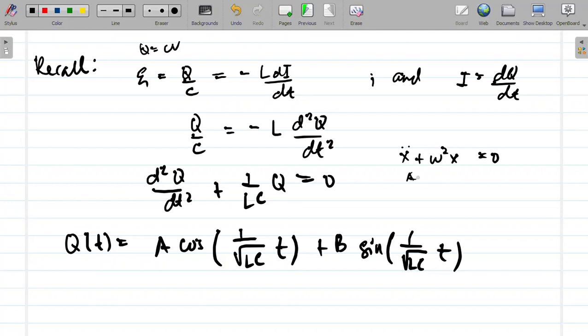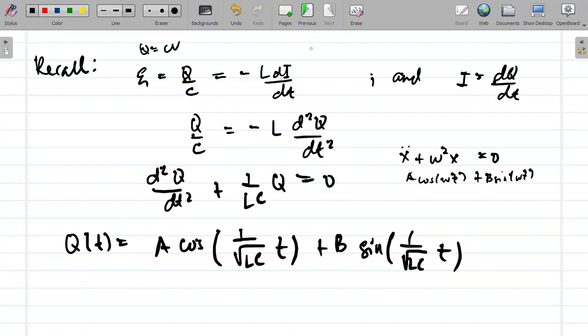The solution is A cos omega t plus B sin omega t. So A cos of t over square root of LC plus B sin of t over square root of LC. How do we find A and B?